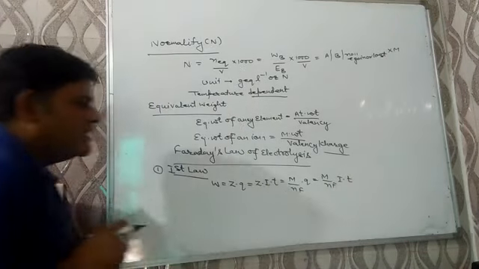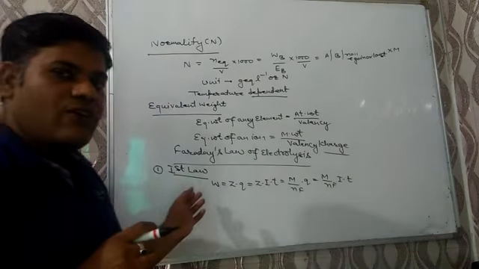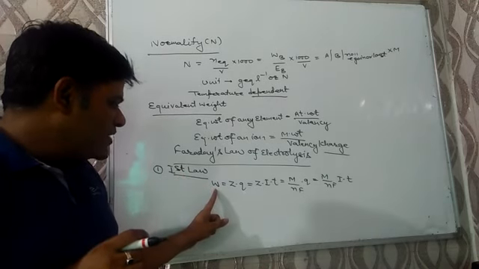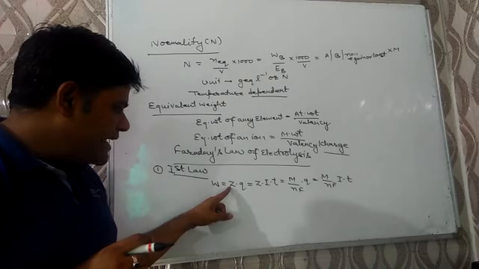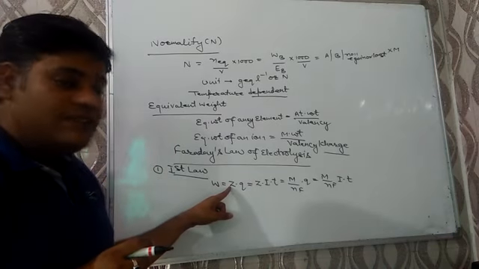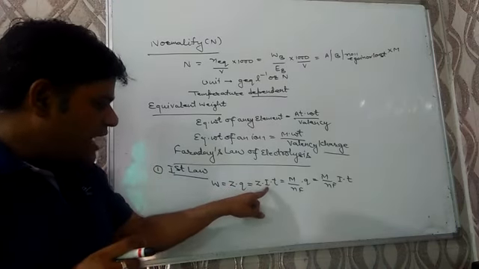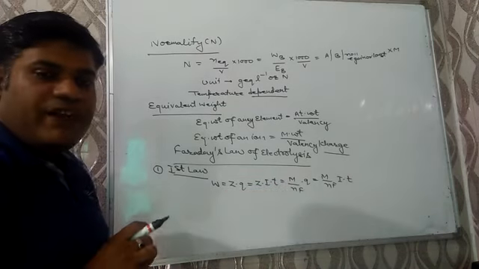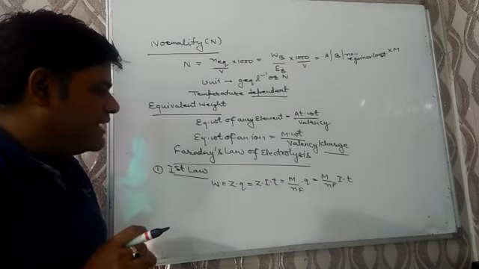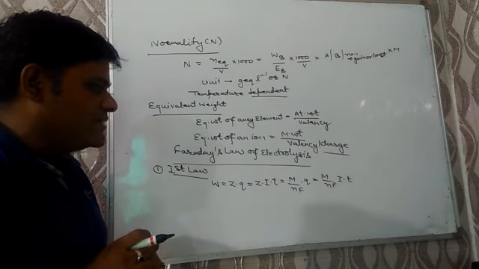This topic is going to be discussed in 12th too, in the electrochemistry chapter, where W is the amount of substance deposited or liberated, Z is the electrochemical equivalent, Q is the charge, I is current, T is time, capital M is the atomic weight of the element, N is the valency, F is the Faraday's constant.